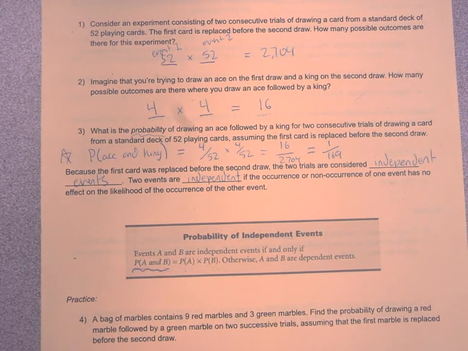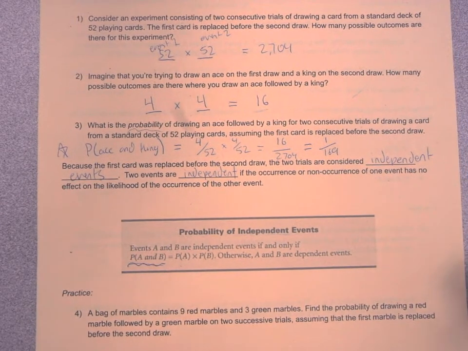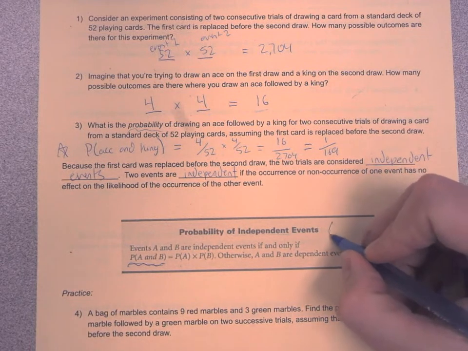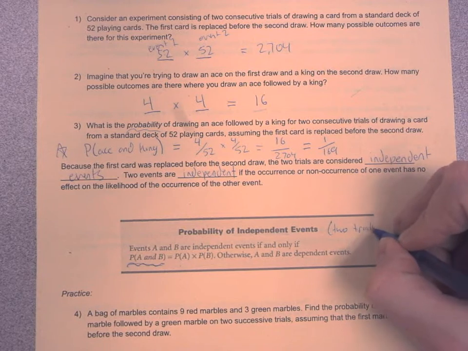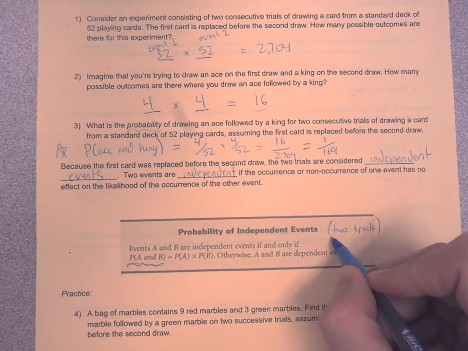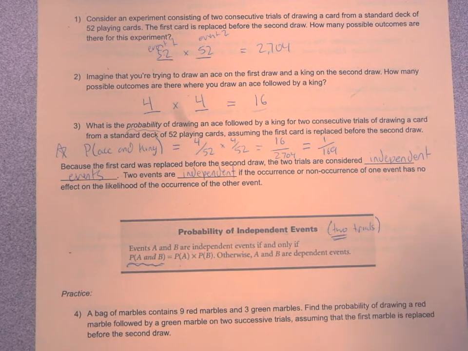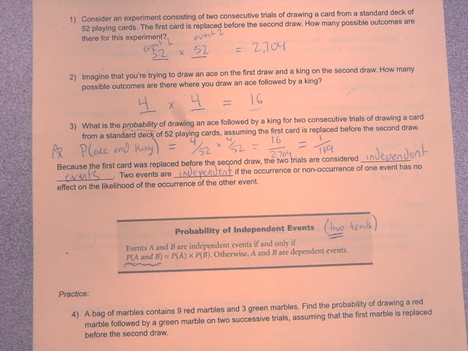Okay. Now, one thing I wanted to point out is that we actually use that notation in more than one context. In this context, what we're talking about is 2 trials. So when you're talking about independent events, or what we're going to talk about on the next page, which is dependent events, the key idea is that we're talking about separate trials. It's not the same trial. Now, sometimes this notation can mean something different.